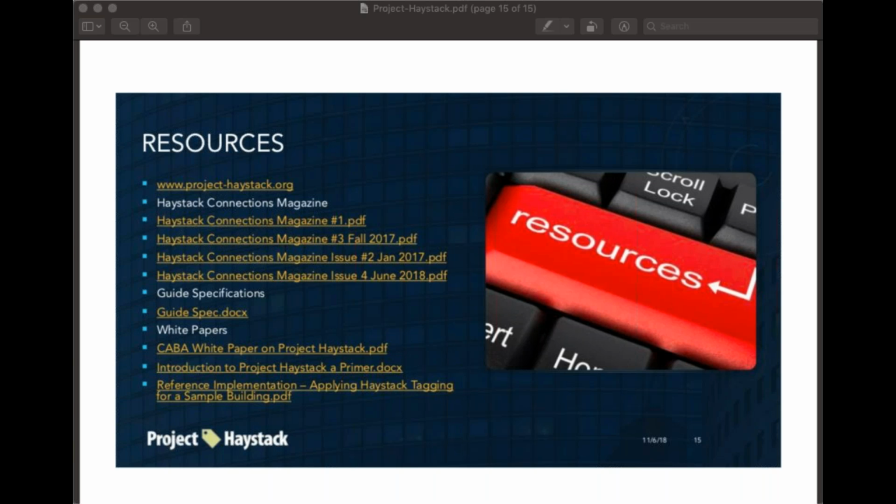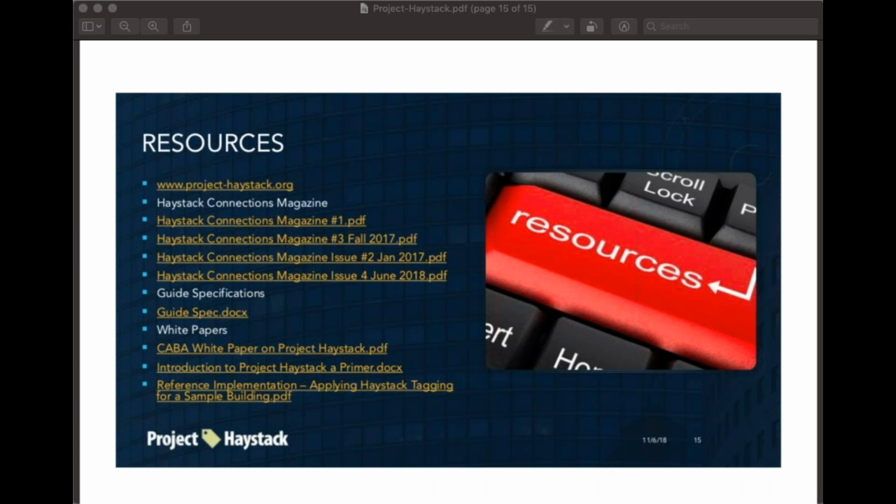And then the other one is really kind of the other end of the spectrum. In the United States, the state of Utah embraced Haystack, worked with a consultant, and developed an end-to-end model for applying Haystack tagging to all of the equipment systems in the state buildings. So that's a very comprehensive, real-world, practical implementation for virtually every type of building system you'd see.